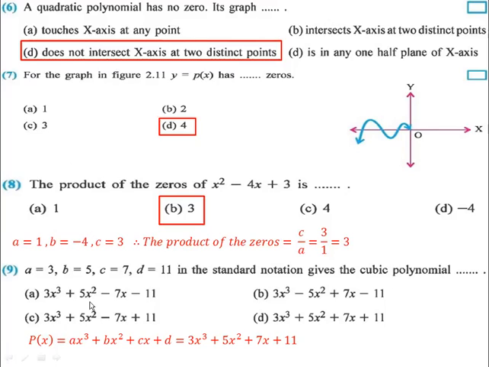Here we only put the values of a, b, c and d: a value is 3, b value is equal to 5, c is equal to 7 and d is equal to 11. Therefore the answer is 3x cube plus 5x square plus 7x plus 11.